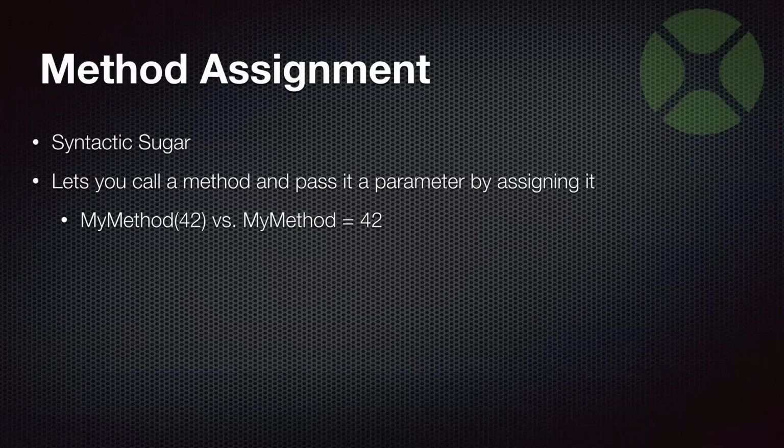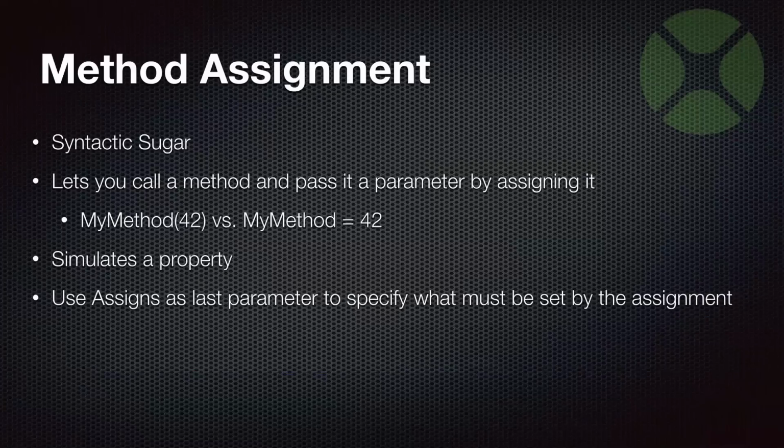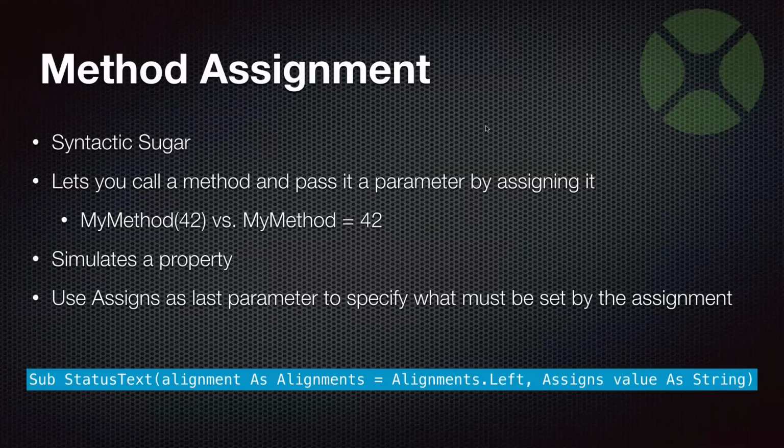So there it kind of looks a little bit more like a property, but the 42 is just passed into the method. So yeah, it kind of simulates a property. It's not a property because it's still a method, but it looks like a property in the source code. And to implement this, you use the assigns keyword as the last parameter to specify what must be set by the assignment.